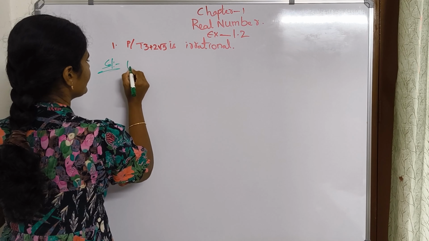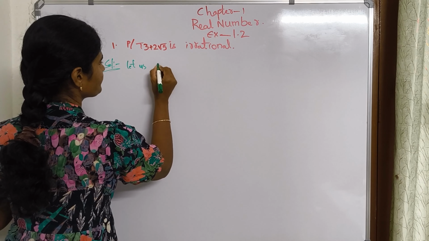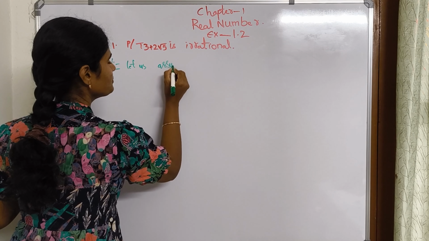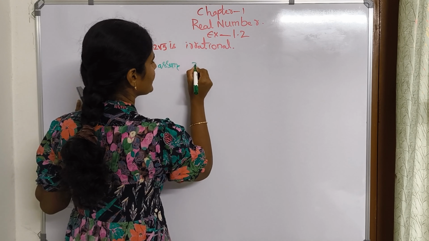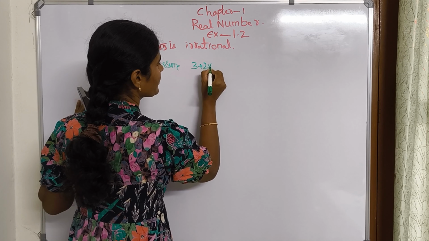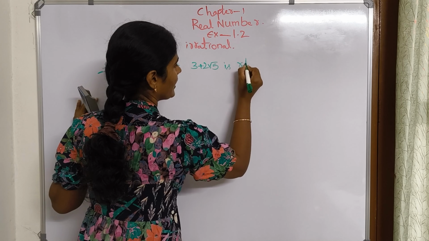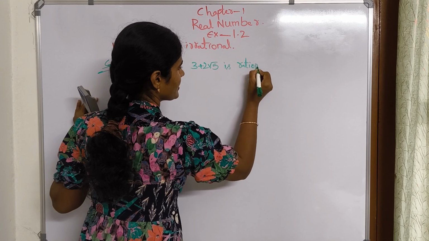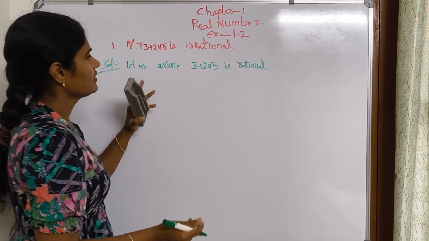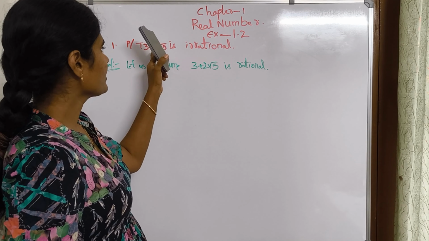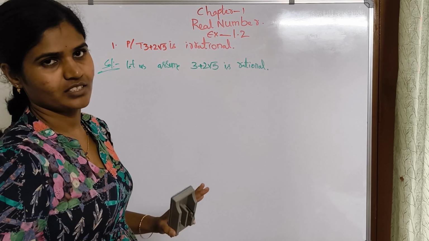Let us assume 3 plus 2 root 5 is rational. And finally, our assumption is wrong. So 3 plus 2 root 5 is irrational.